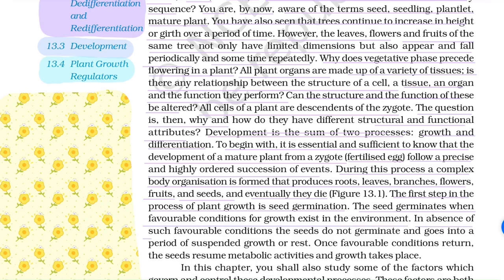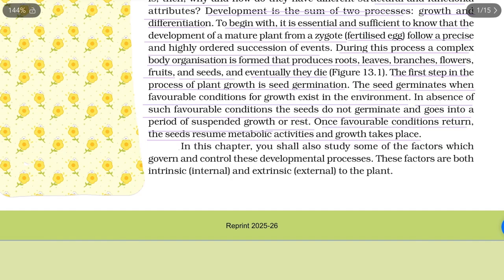In the absence of such favorable conditions, the seed does not germinate and goes into a period of suspended growth or rest. Once favorable conditions return, the seeds resume metabolic activities and growth takes place. In this chapter, you shall also study some of the factors which govern and control these developmental processes. These factors are both intrinsic, internal, and extrinsic, meaning external to the plant.